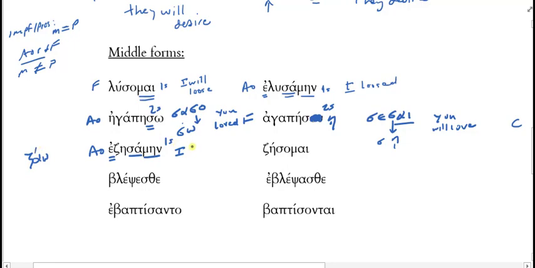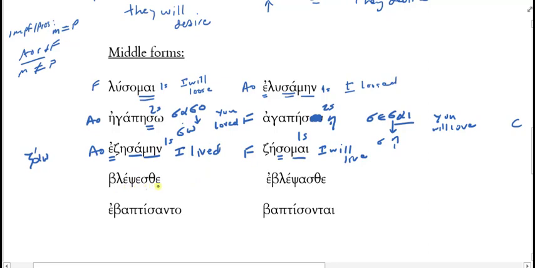So this is I lived. Okay? I lived. Remember, middle forms, the subject is performing the action and also is somehow affected by the action too. Dzesomai, on the other hand, has no augment, and it has the sigma but no alpha, so this is future middle. Dzesomai. This is I will live, and notice the mai ending is also first singular, but it's different from men because this is primary middle passive, men is secondary middle passive.